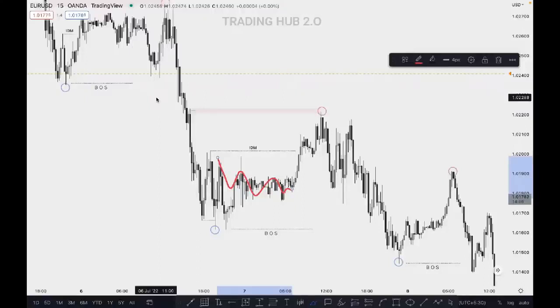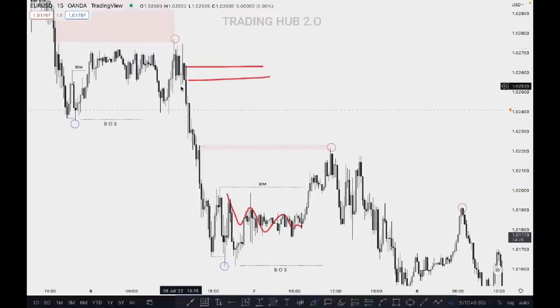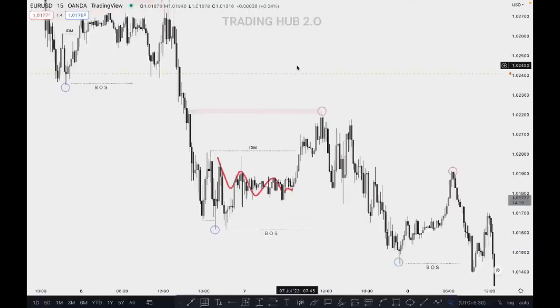Then you apply the M1 time frame. Once the market taps on this supply zone, which is here, the next supply zone is here, this entire candle.